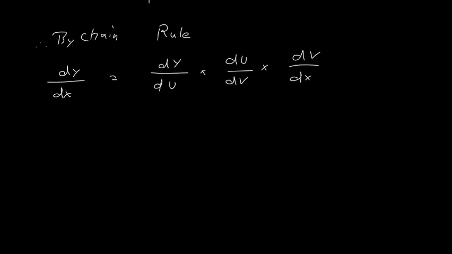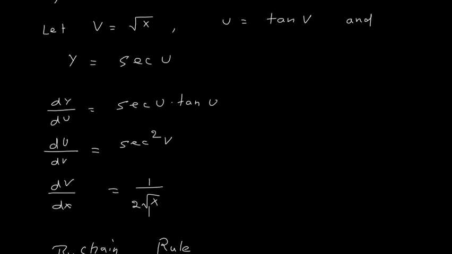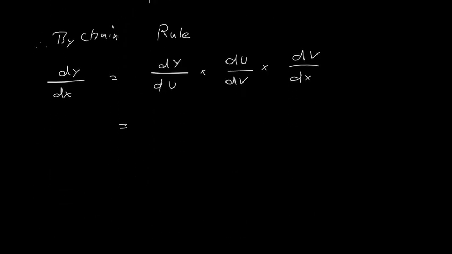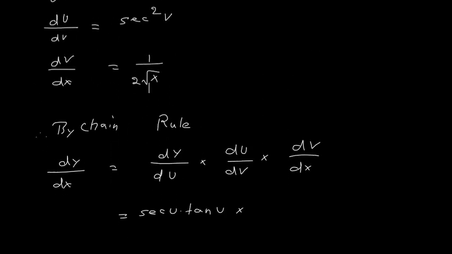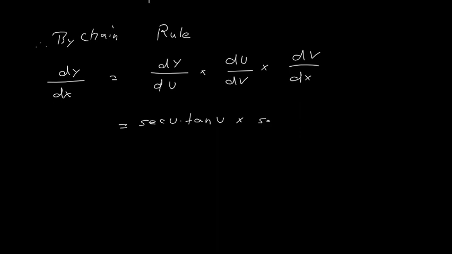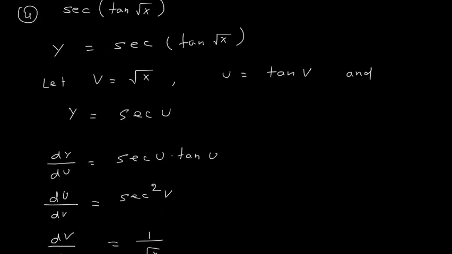So dy upon du we got is sec u into tan u, multiplied by du upon dv, which is sec square v, into dv upon dx, which is 1 upon 2 root x. Now this u is nothing but tan v, and this v is root x, so u is tan of root x.